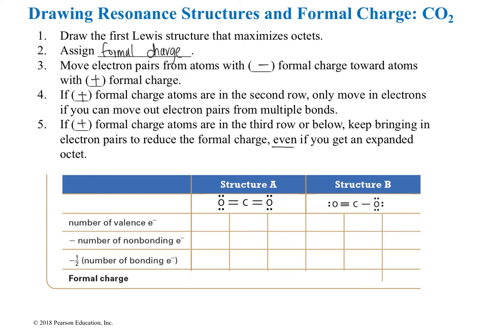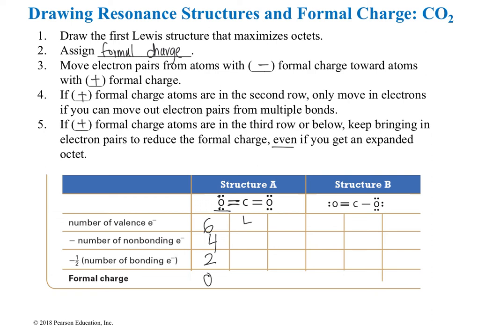So let's just practice with these two resonance structures of carbon dioxide. We're going to deal with each atom separately. Let's do this oxygen first. 6 valence electrons from oxygen, 1, 2, 3, 4 non-bonding electrons, and 1, 2 bonds. So formal charge of that oxygen, 0.